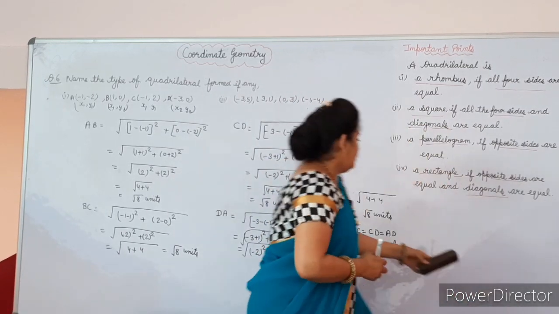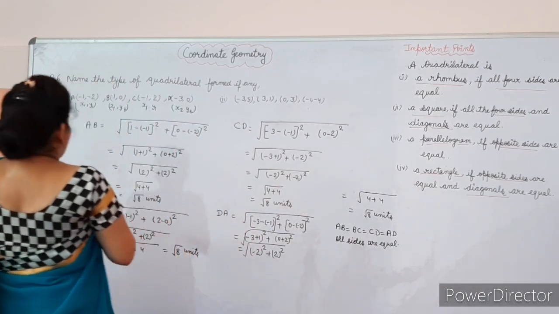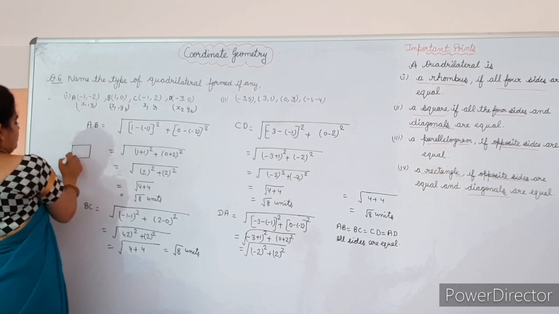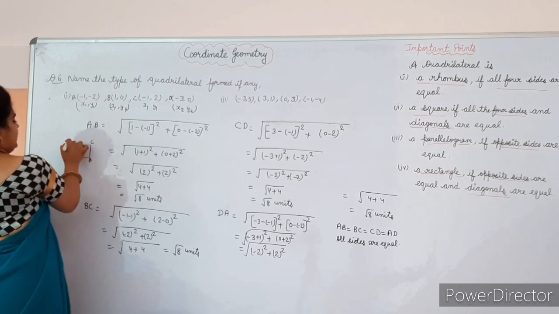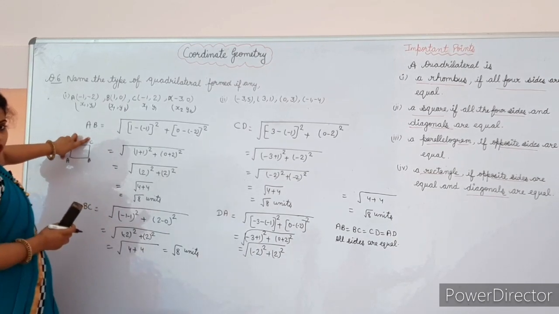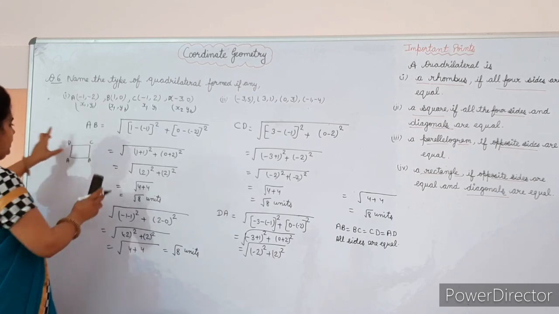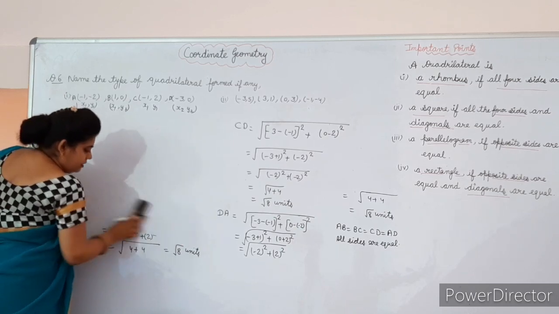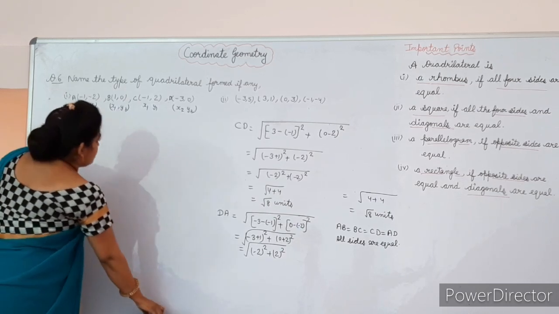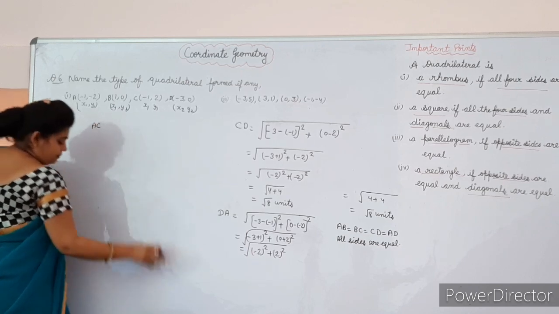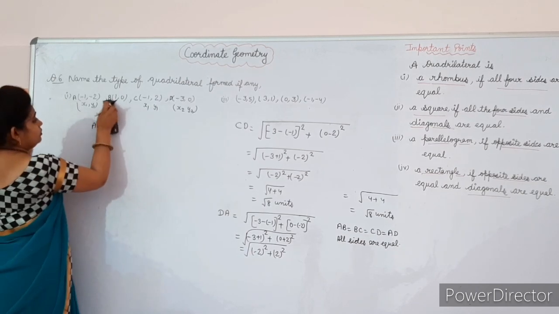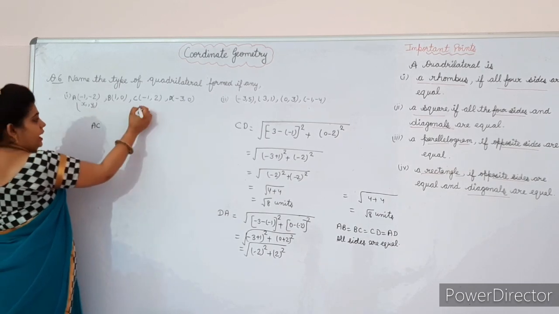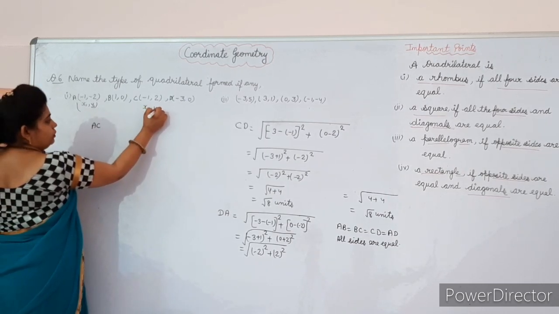How will we find it? We will take opposite vertices. Suppose we have taken A, B, C, D like this, then we will take opposite vertices means AC and BD. So for diagonal, calculate AC and BD. For AC, let it be x1, y1 and x2, y2.